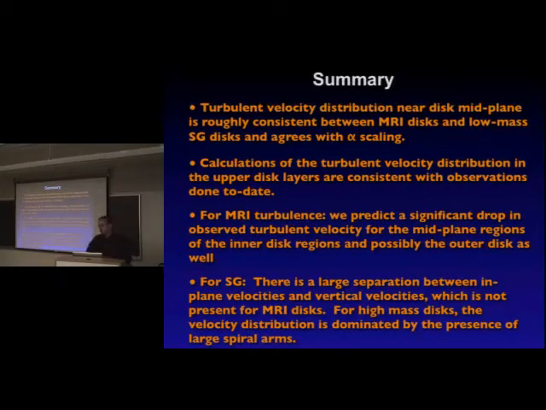In the self-gravitating disks, it shows there's a difference between VZ and the horizontal velocities. I'm wondering if you could artificially suppress vertical self-gravity. Could you bring those velocities close together? Artificially, I'm not sure I understand what you mean. Switch GZ to 0? Oh, you mean turn off vertical gravity?